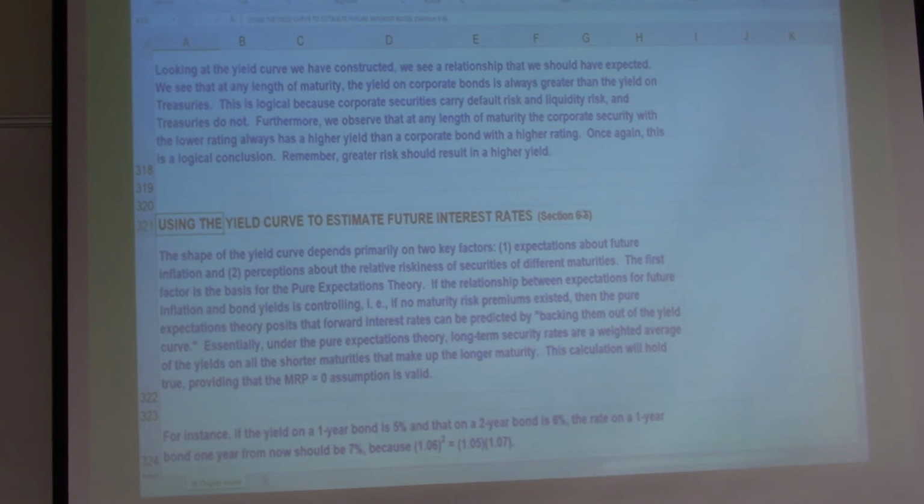So if you invest a certain amount of money, hold it for a year and then hold it for another year, or you hold it for 2 years without any break, you should get the same return, right? This is a 2-year period.